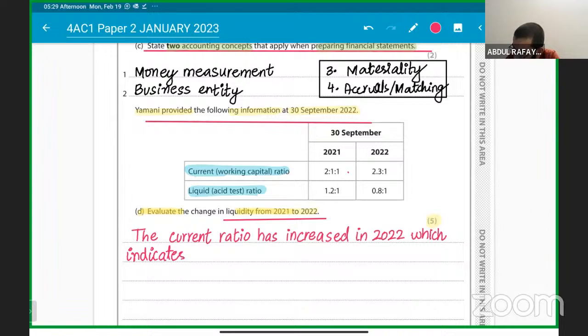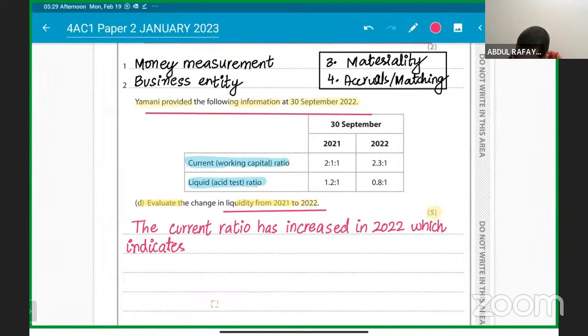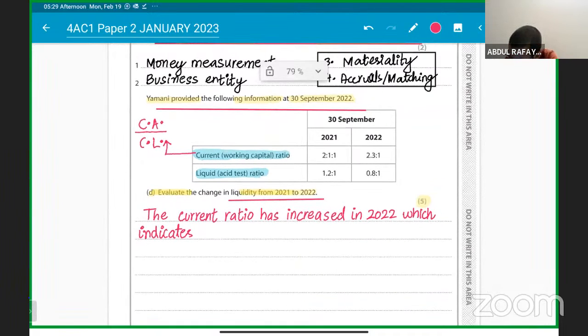For one liability, you had 2.1 of current assets to pay; now you have more assets to pay, because the current ratio formula is current assets divided by current liabilities. Are you getting it clear? So the current ratio has increased, which indicates that more current assets are available to pay for liabilities.